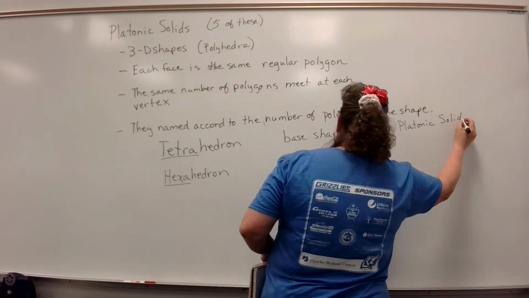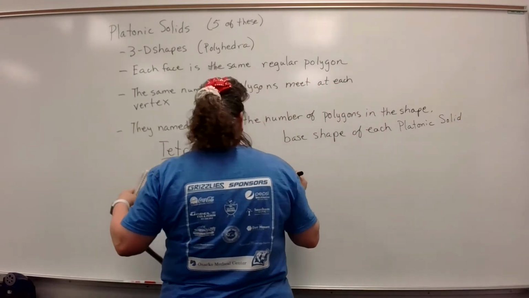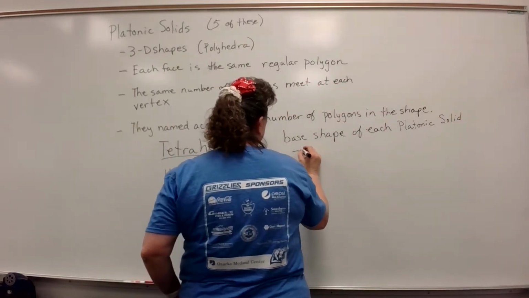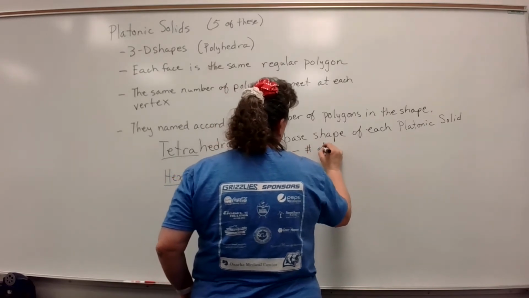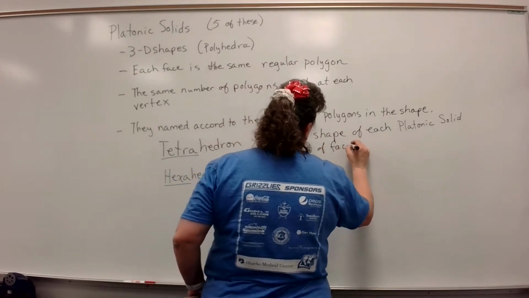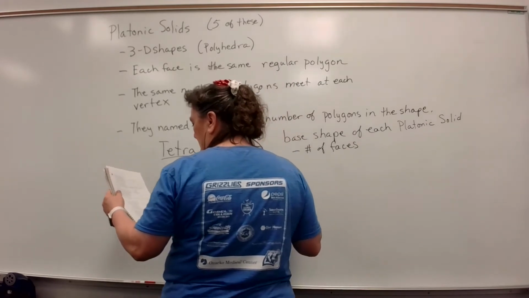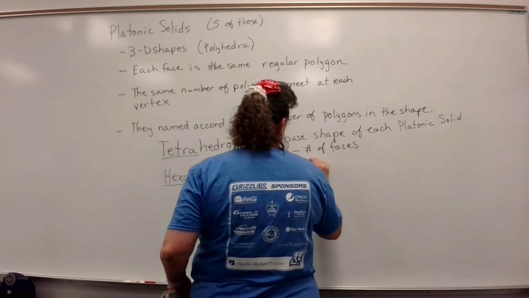What is the base shape? How many faces? The number of vertices?